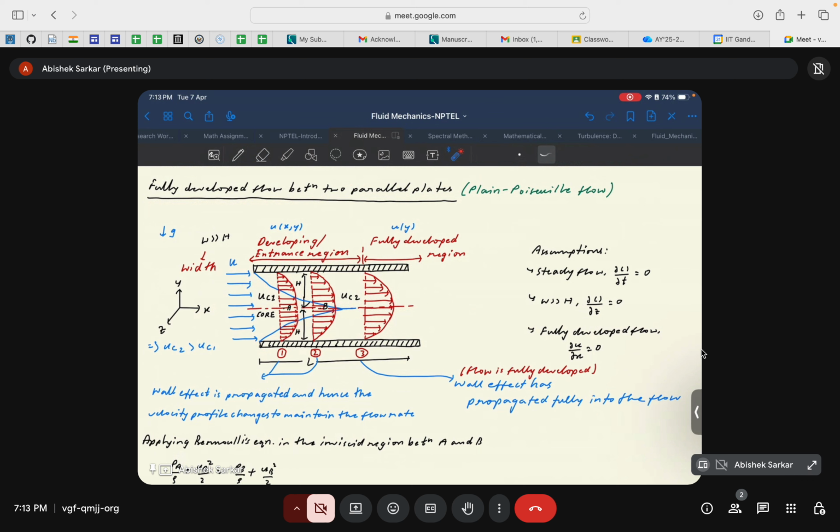But since the flow is developing, in the later part of the developing region you will see that the velocity actually increases further.